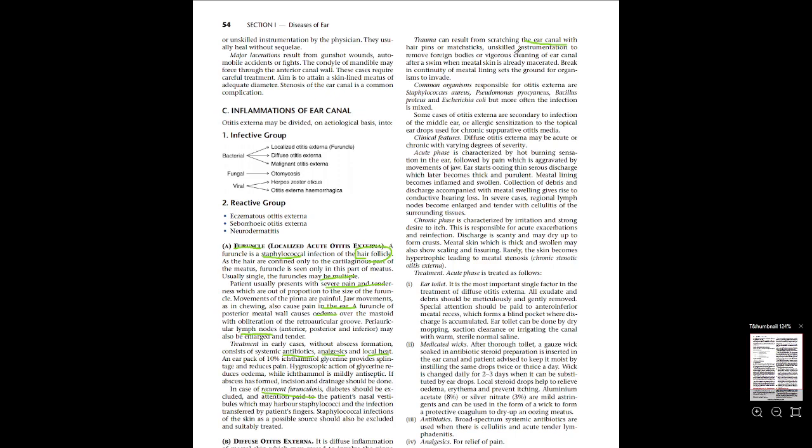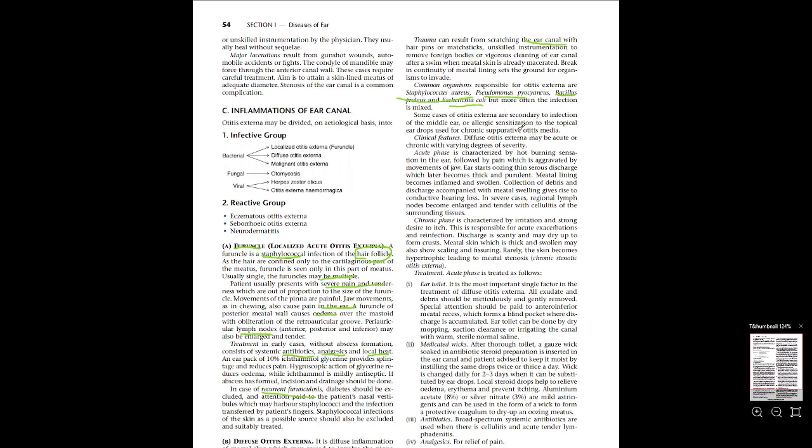You can damage your skin, the epithelial layer can be damaged, and bacteria can easily get inside. Common organisms responsible are Staphylococcus, Pseudomonas, Bacillus, and Escherichia coli.